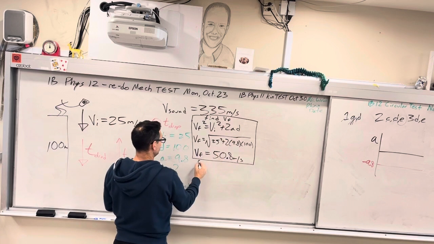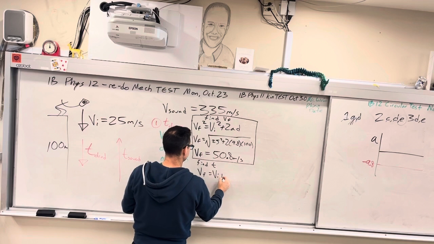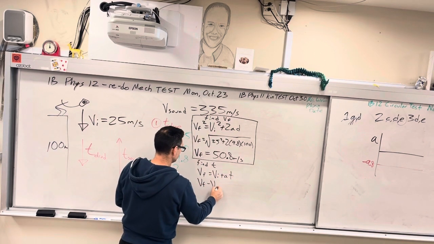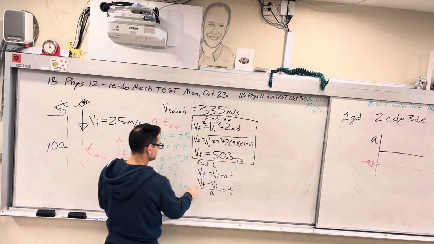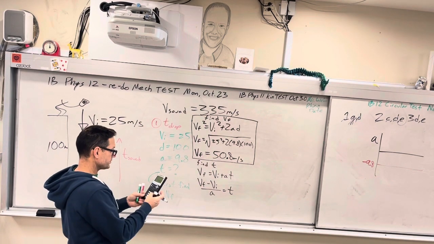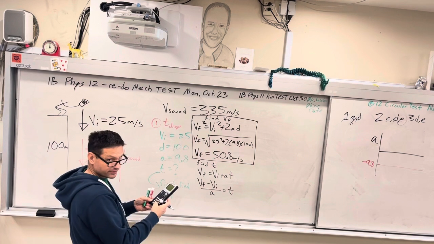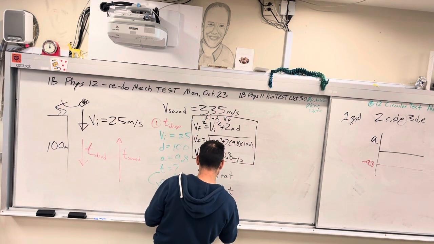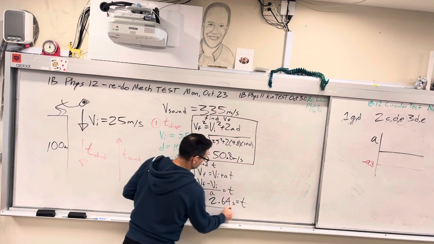And now we're going to find T. So we use our first formula, and we're going to solve it for T, so we're going to do VF minus VI over A. And that's going to equal T. If you leave it in your calculator, you can just go minus 25 equals and divide by 9.8. And you're going to get 2.64 or so. So that's the time of the drop.